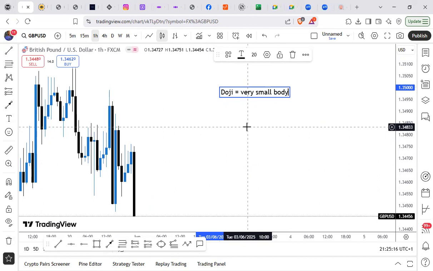From my understanding, the body is small, it has a long wick up and a long wick down. So I think that is the doji, if I got your explanation correctly.